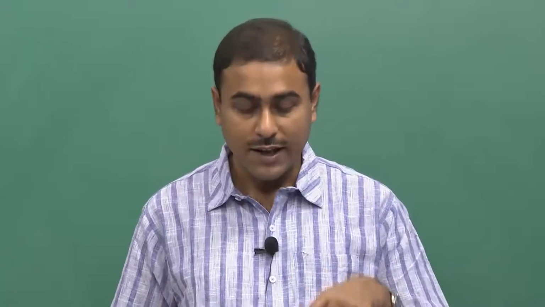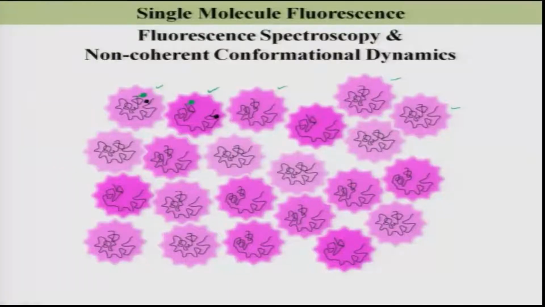But if it is not, here in this particular scenario, as I am showing, at a particular instance in time, this molecule is showing strong fluorescence, this is weak fluorescence, this is strong, this is very strong, this is weak, like here they are different.